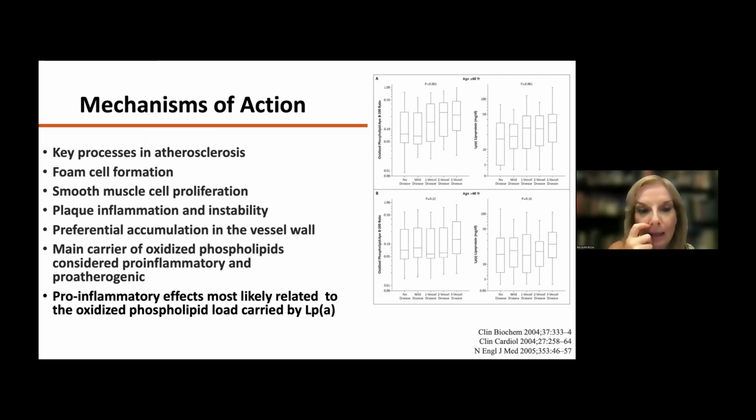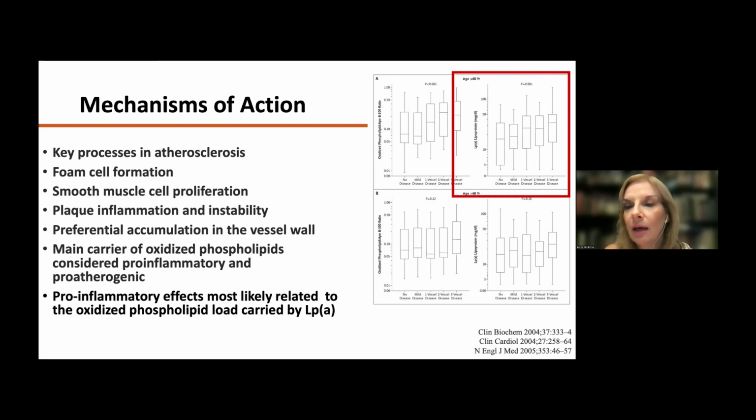But the main action is that it carries oxidized phospholipids, which are considered pro-inflammatory and pro-atherogenic. On the right, in this nice study, you can appreciate the strong relationship between the measured oxidized phospholipids in the serum and the levels of LPA.